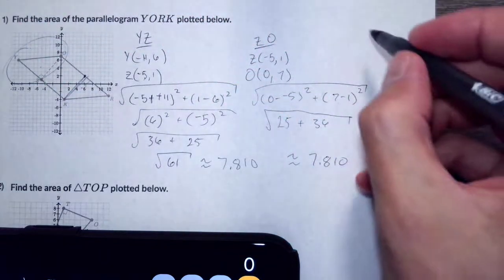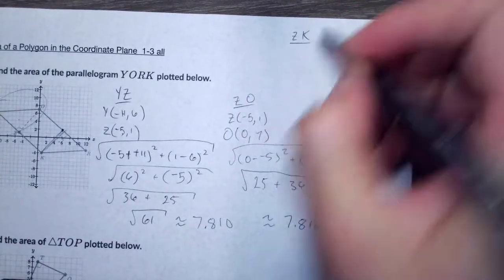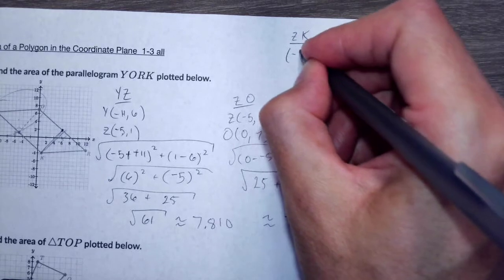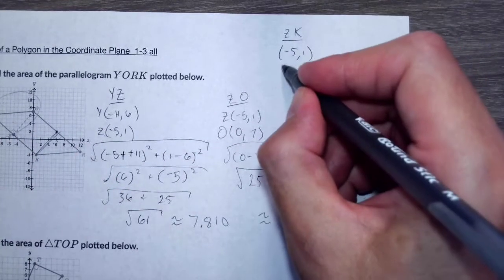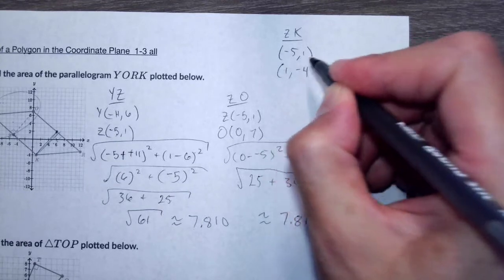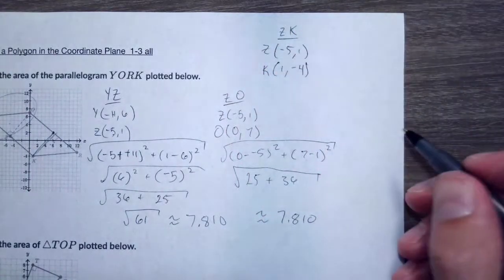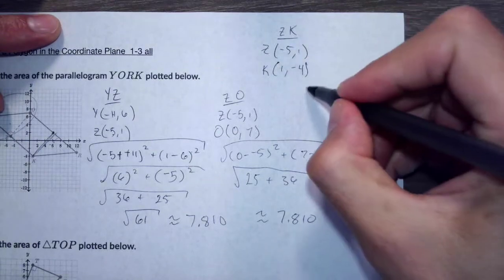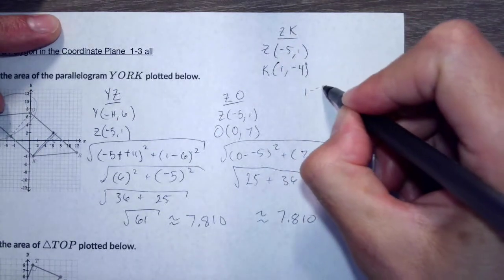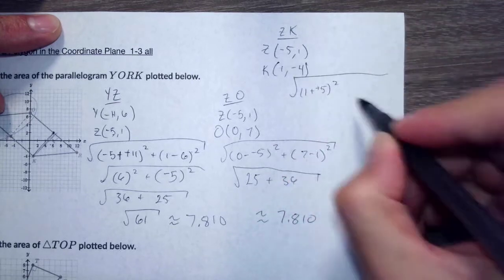So what about ZK? Maybe I'll do that up here. ZK. So Z is negative 5, comma 1. What's K? 1, comma negative 4. And once again, I'll use the distance formula. So what do I have? 1 minus negative 5 squared. We're going to square root everything.